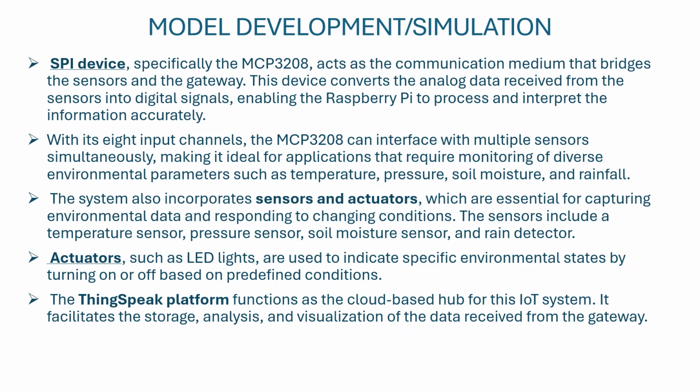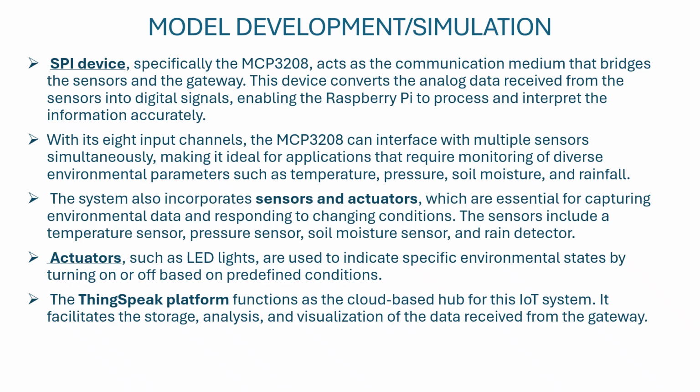Plus, it enables the Raspberry Pi to process and interpret the data accurately and more effectively. Clear? It is a MCP3208. Got it? Do you know how many input channels does MCP3208 have? Let me tell you, it has 8 input channels for interfacing with multiple sensors.